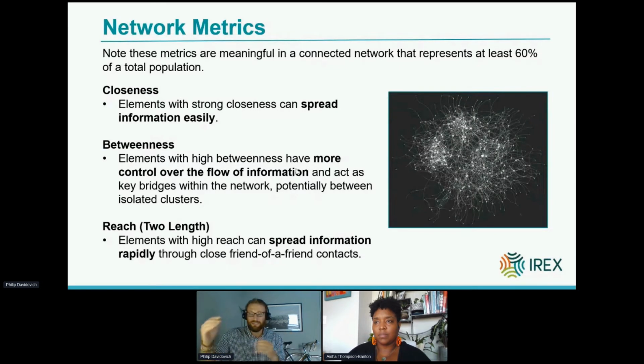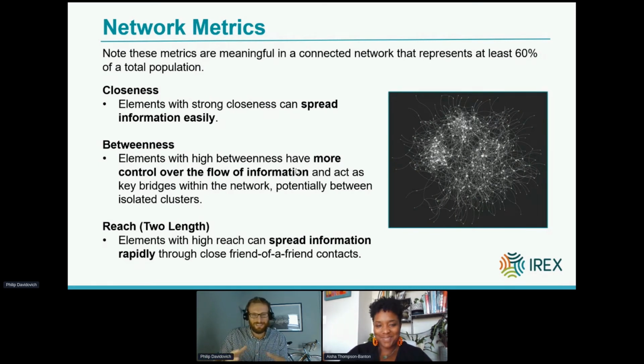Each of these metrics is at the individual level, not the overall network level. Closeness is a calculation of how close one person in particular is to the entire network. So it's a calculation of their general reach around the entire network, versus reach, which is limited to two lengths.